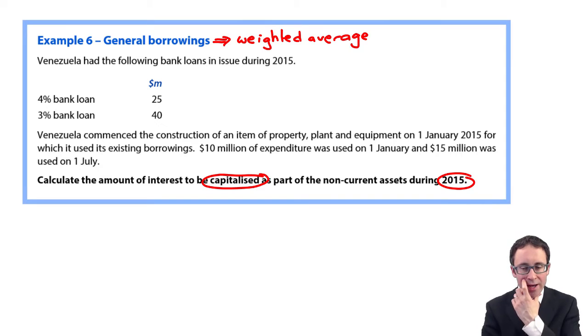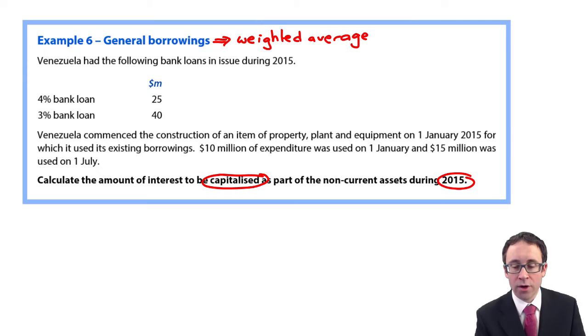But it says here Venezuela had the following bank loans in issue. So you can see that there are two different loan amounts of 25 million and 40 million, and one carries a rate of 4% and the other carries a rate of 3%. What we need to do is work out a weighted average amount of interest as a percentage.